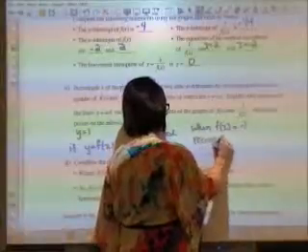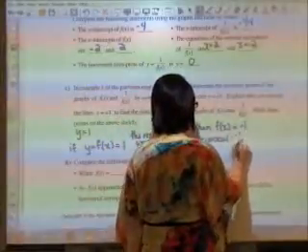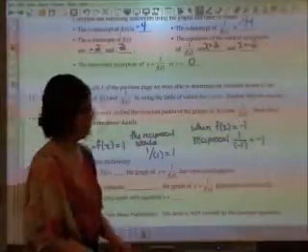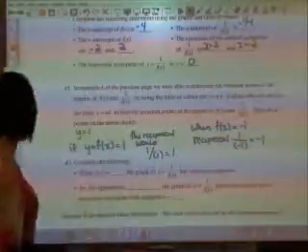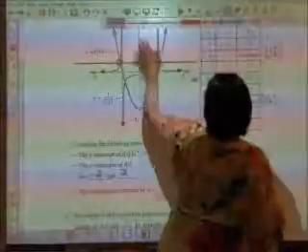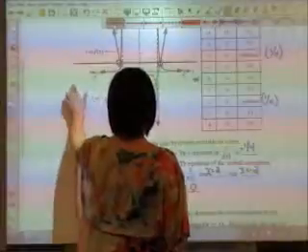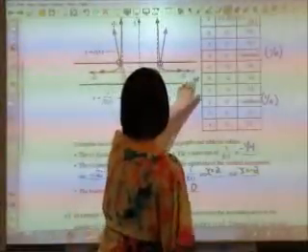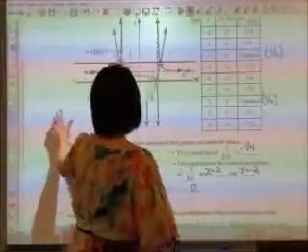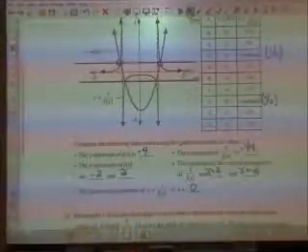The reciprocal would be 1 over -1, which equals -1. So I could draw that line as well. And there's my y equals -1.